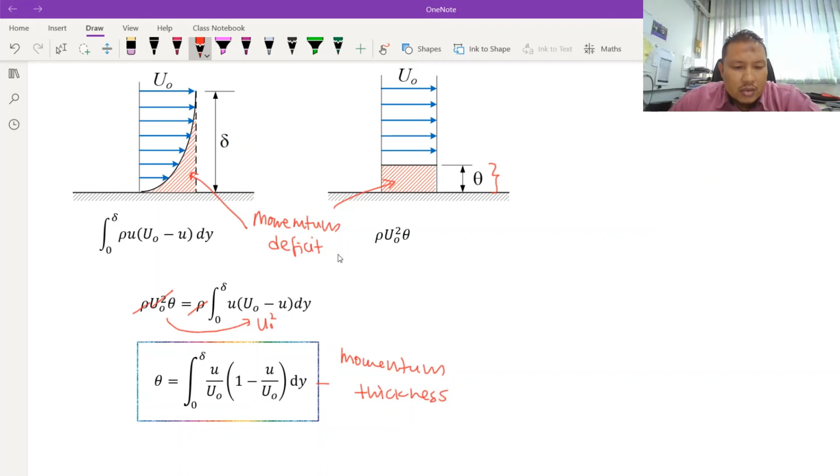These two equations will help us solve boundary layer problems, especially in laminar flow. Next, we will look at the boundary layer equations, in order to determine the boundary layer based on the Navier-Stokes equations.